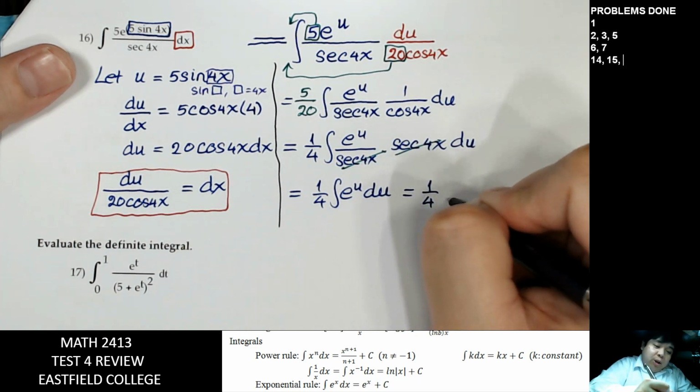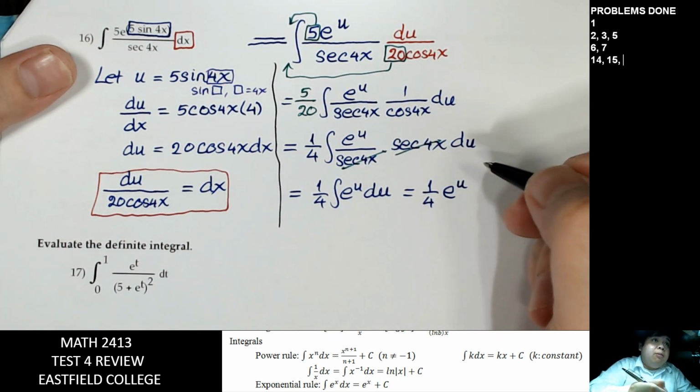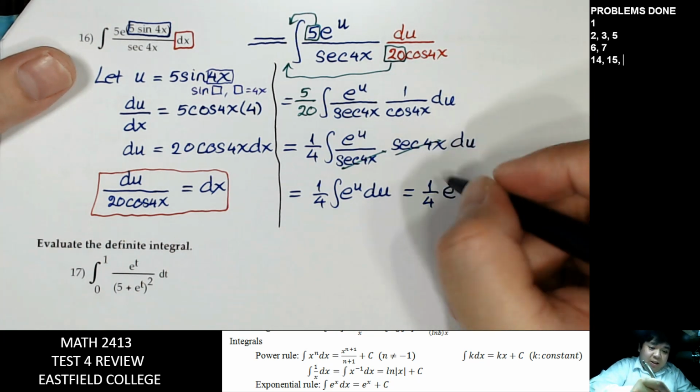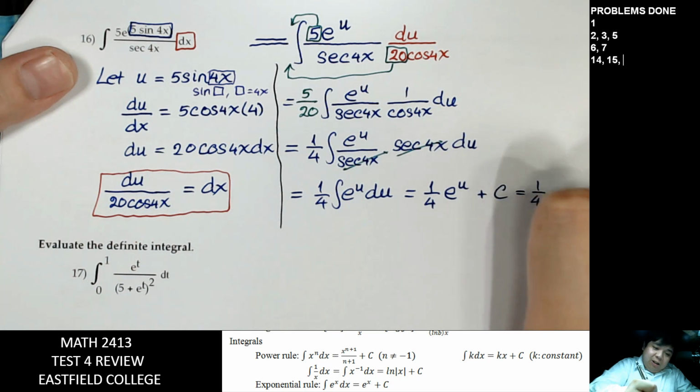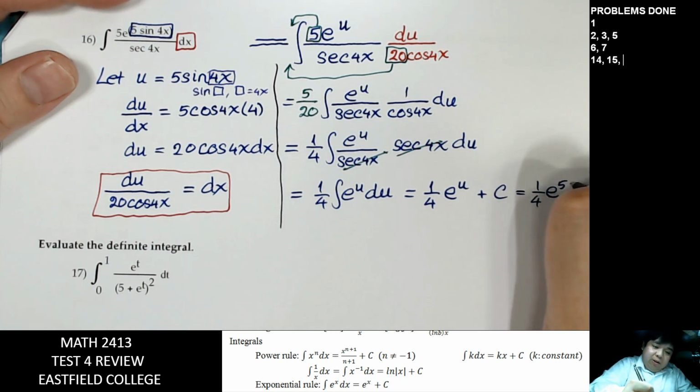Integral of e to the u is still the same. That will be it. e to the 5 sine 4x plus c.